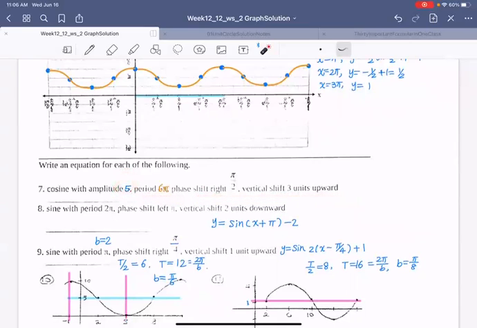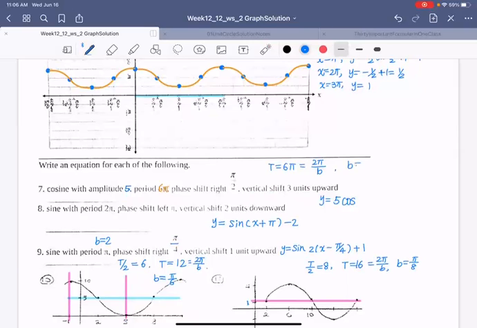Go ahead, please. Okay, so you know the amplitude is 5, so just put that in the front. Sure. 5 cosine. And the period is 6 pi, so you set it equal to 2 pi over b.